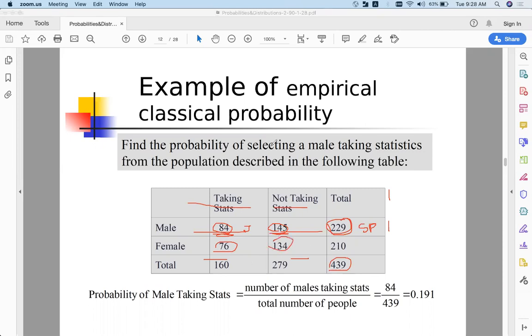Now the ones in black are your simple probabilities. What is the probability of female? That is a simple probability. What is the probability of a person taking statistics? Simple probability. What is the probability of a person not taking statistics? Simple probability. Joint probability: what is the probability of a female not taking statistics? There are two characteristics.